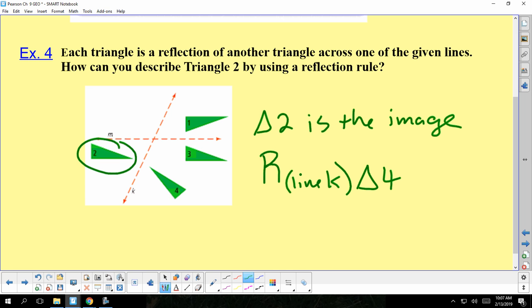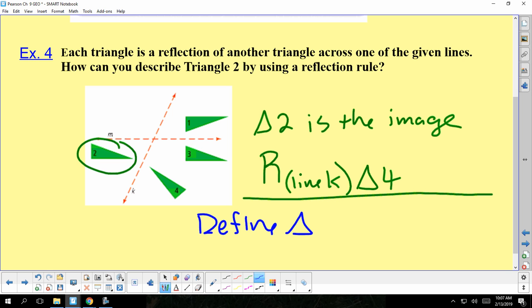See if you can give me this rule, but define triangle 3. You can define triangle 3 using the same. What is triangle 3 the image of?